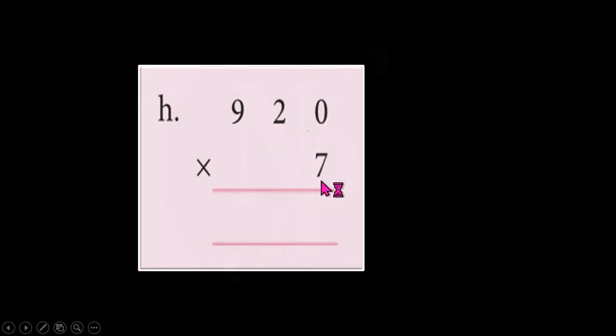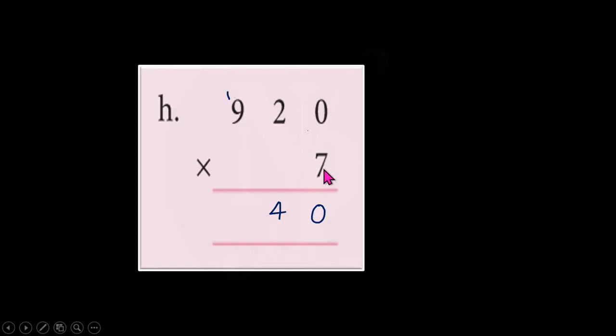920 into 7. So multiplying 0 by 7 we get 0. And multiplying 2 by 7, 7 twos are 14. So 14 tens are regrouped as 4 tens and 1 hundred. So 4 is written in tens place. 1 hundred is carried forward to hundreds place.